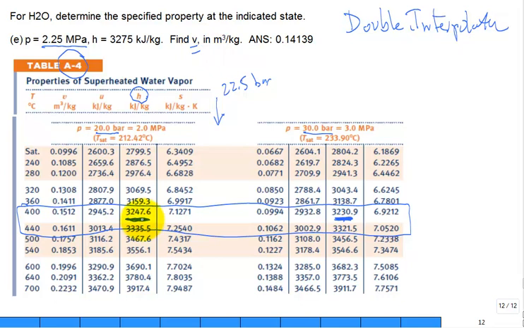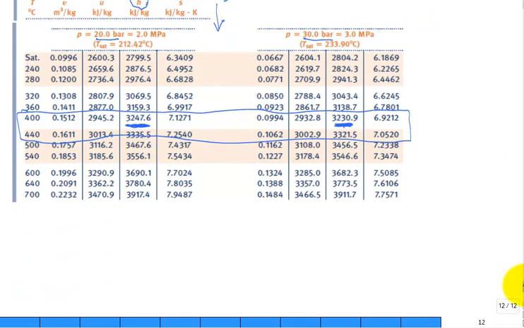So what I would do is construct a table, and I'm going to need a little more room. Let me scoot down and do that. I construct a table where I grab off, at the pressure of 2 megapascal, both my specific volume and enthalpies at the lines of 400 and 440.